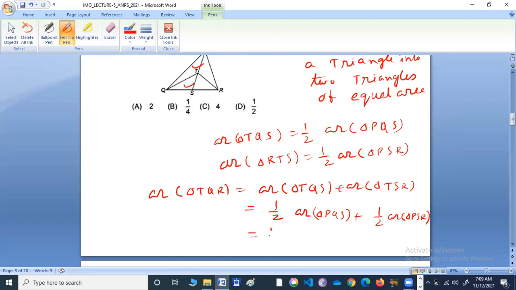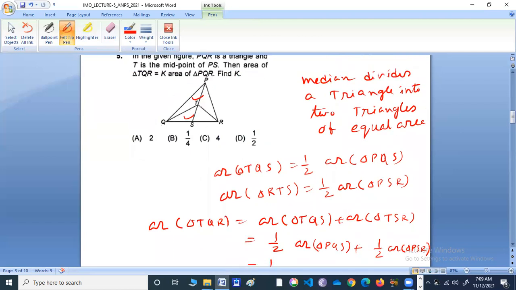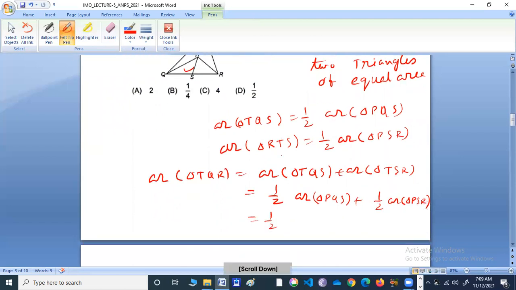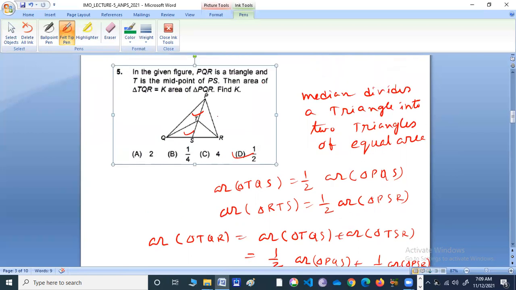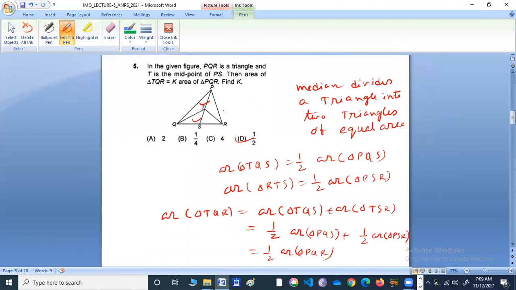If I take half common, then area of PQS plus area of PSR means area of PQR is equal to area of triangle PQR. So what is our right answer? Our option D is our right answer. Okay, good. So this is the whole sum.